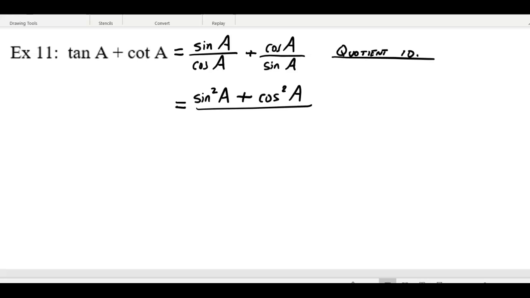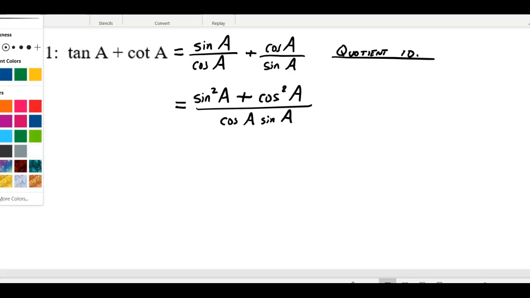I try not to say it that way. And then my common denominator needs to be cosine of A times sine of A. Now, if you're thinking, yeah, I know that, great. If you're like, what just happened? Let me squeeze in a little bit of detail there.